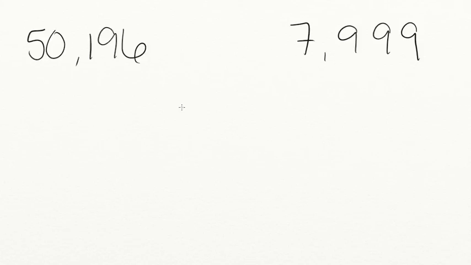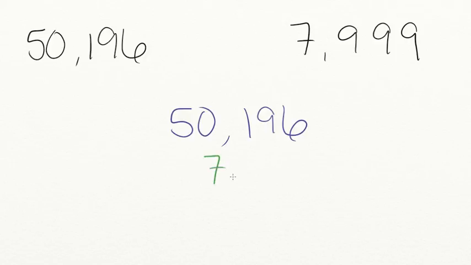Step 1, you have to line up the ones place of each number. So we're going to write down 50,196, and then we're going to list 7,999. And we're making sure that these ones places are lined up. All right, our next step, go all the way to the furthest number to the left.